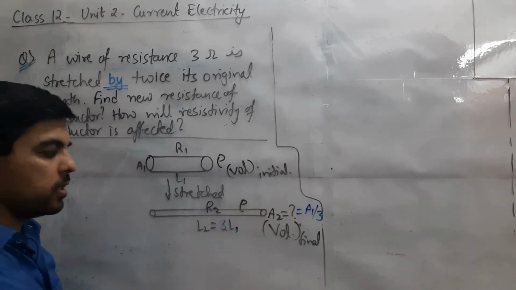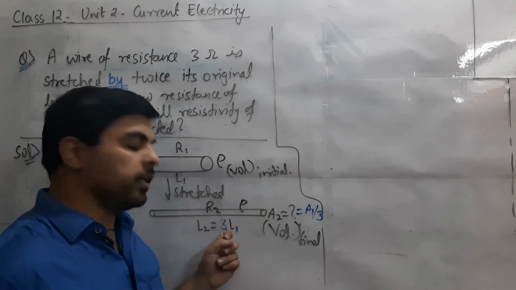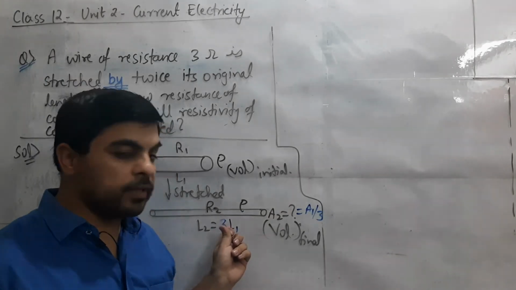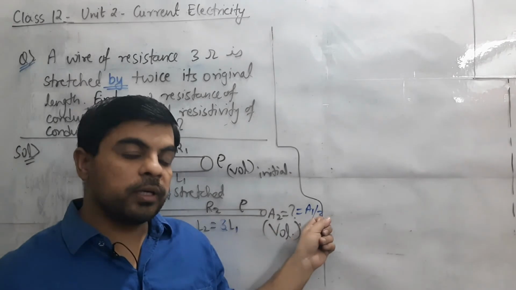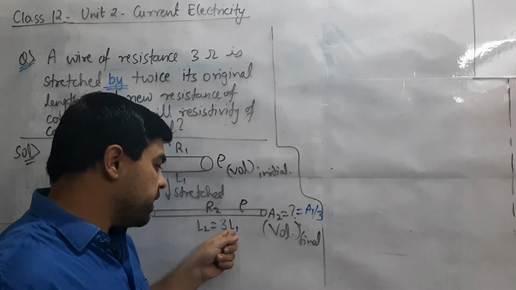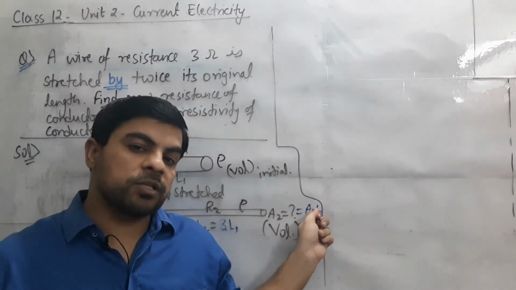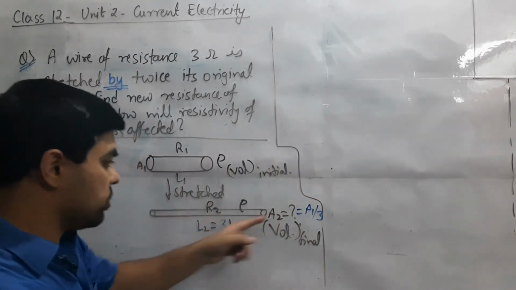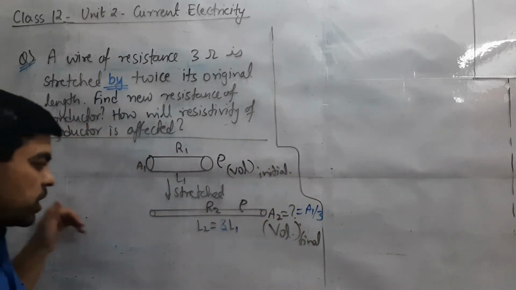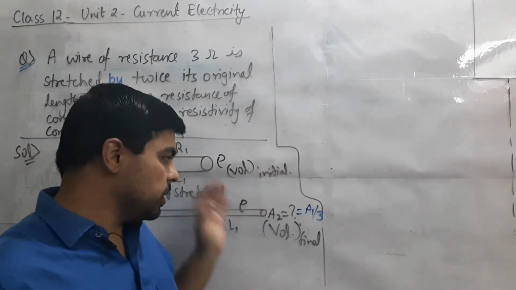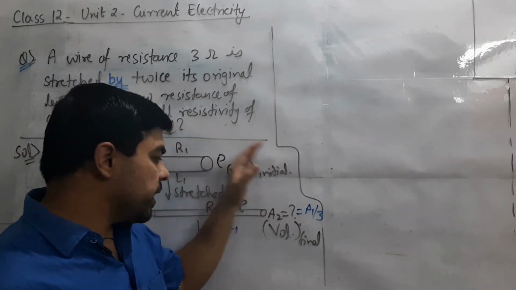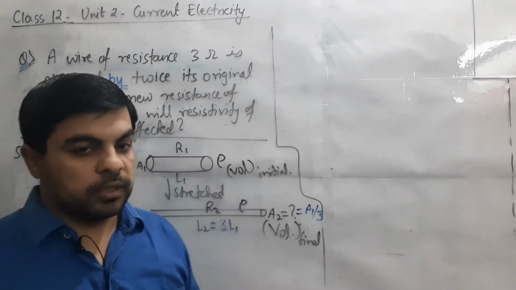This is the very simple concept that whatever factor is in multiplication with length, it will be in division with area. If any factor is in division with length, it will be in multiplication with area, and vice versa. So directly you can use this, or you can use initial and final volume equal to each other as we have discussed earlier, and then you can find the answer using the method.